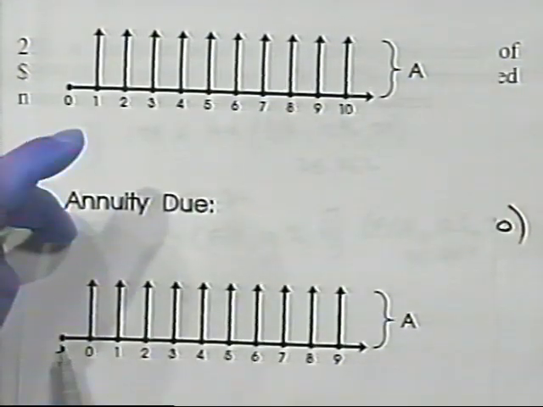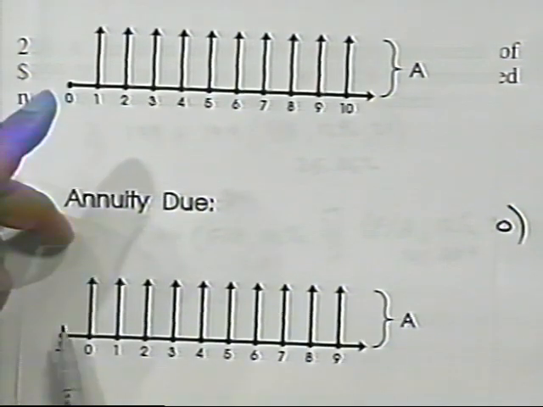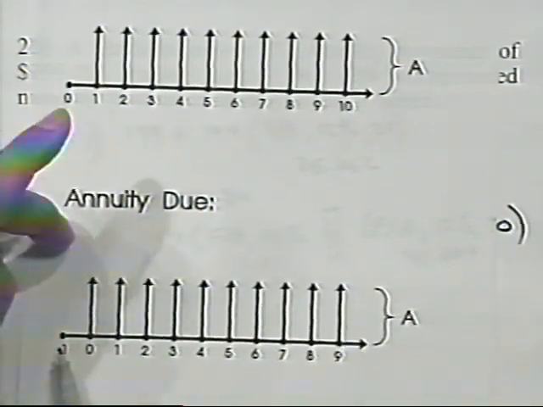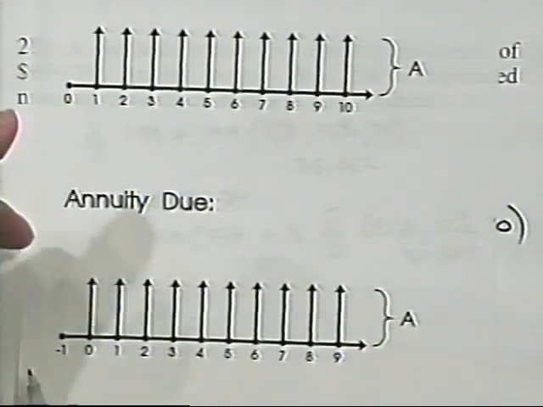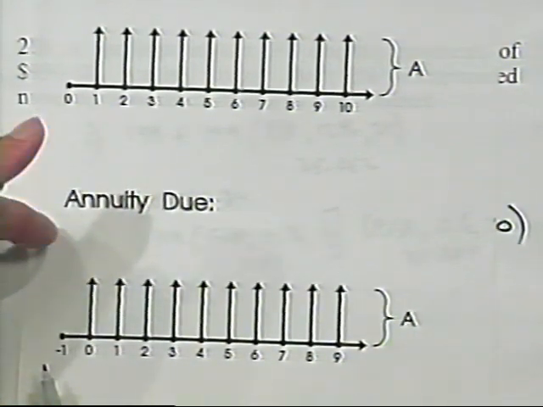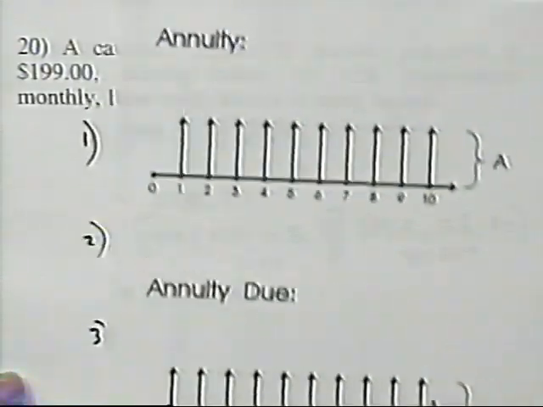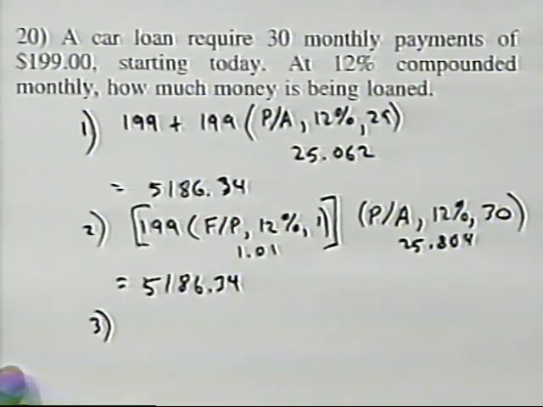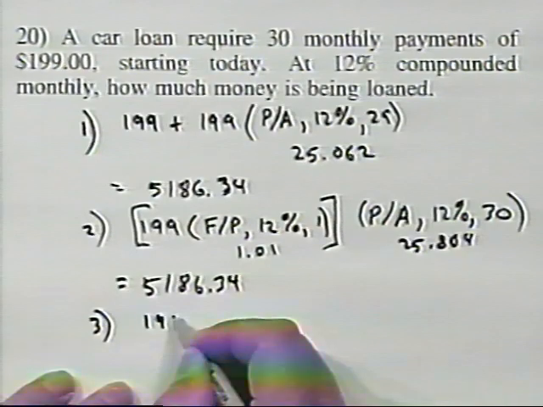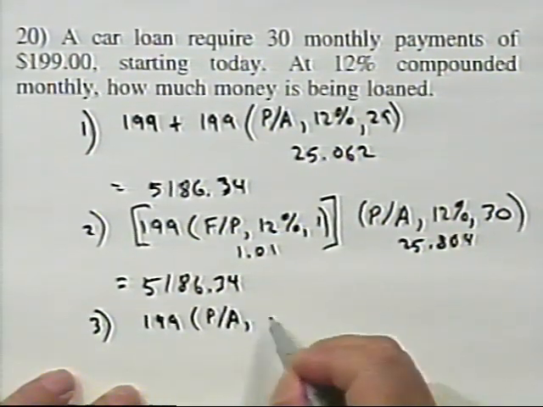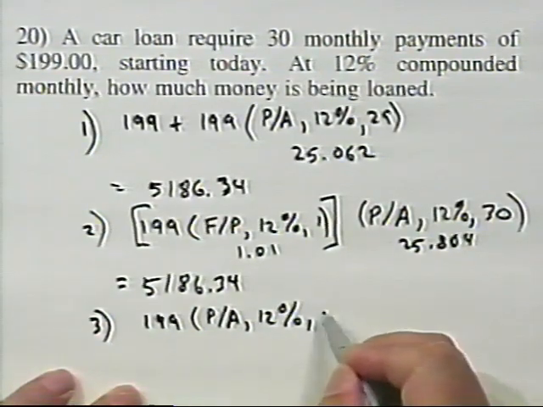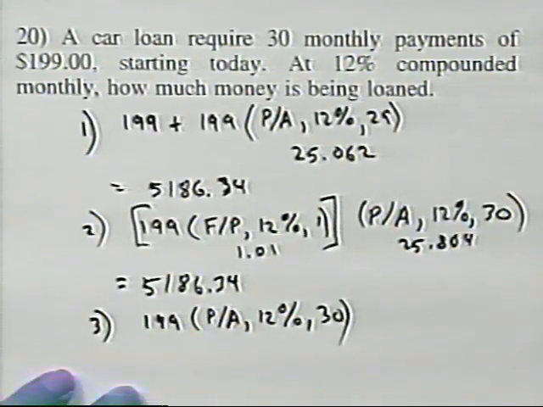That's not what we want. But if we do that, we can then take that present worth a year ago and move it forward, or find an equivalent value today to that present worth of a year ago. So it's another way of looking at the problem. And in that case, we take our $199, we find a present worth at 12% over the 30 years, right?